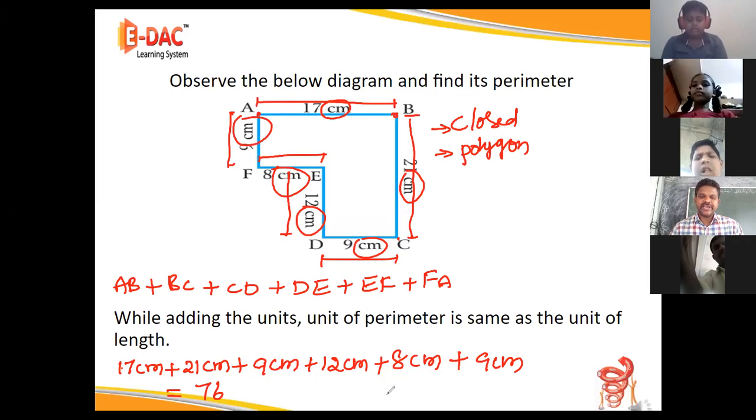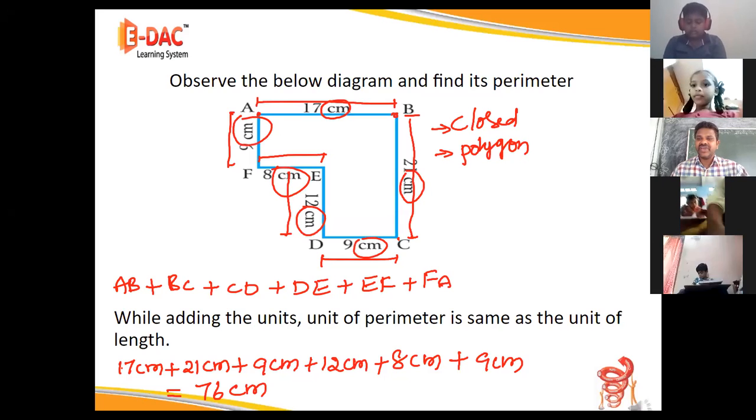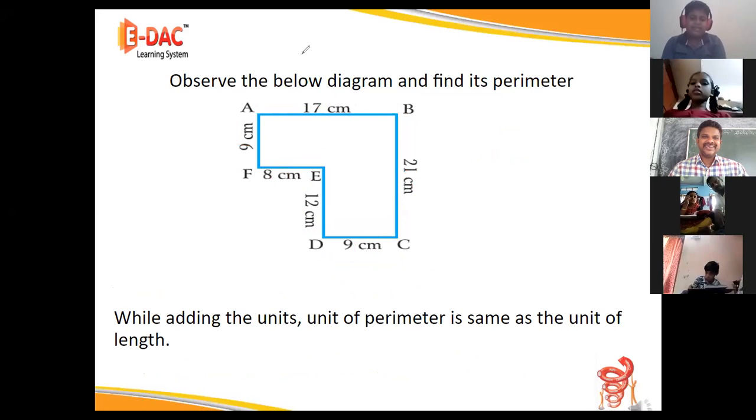So the unit of perimeter is also centimeters. This is the way of finding the perimeter of closed figures. Next, we'll go for the next.